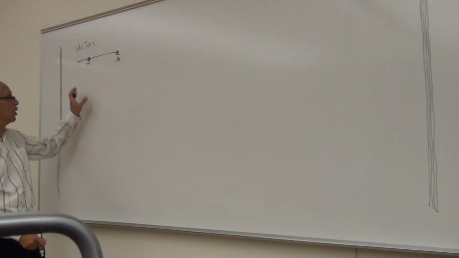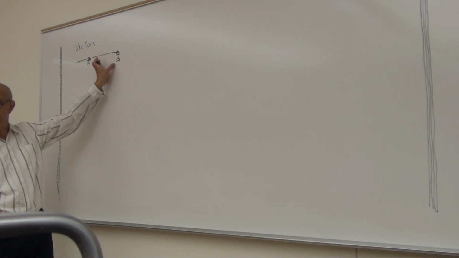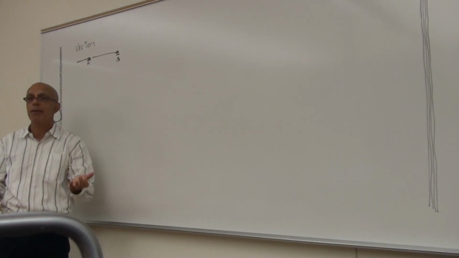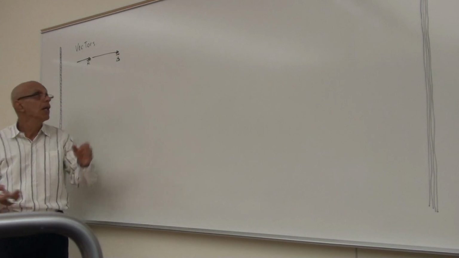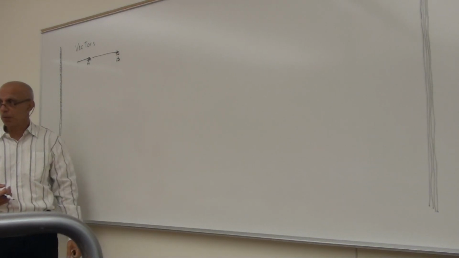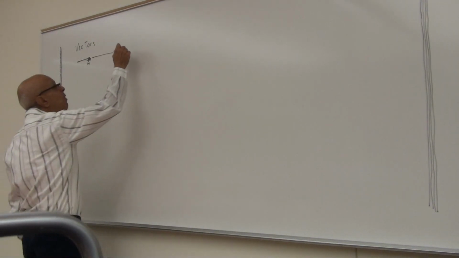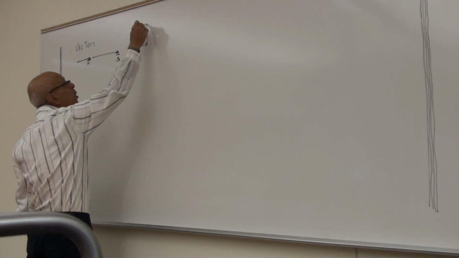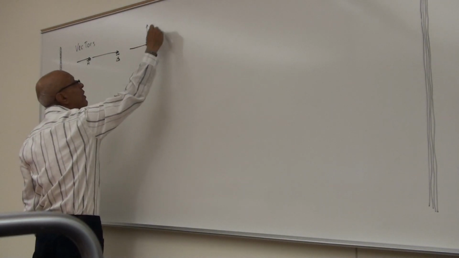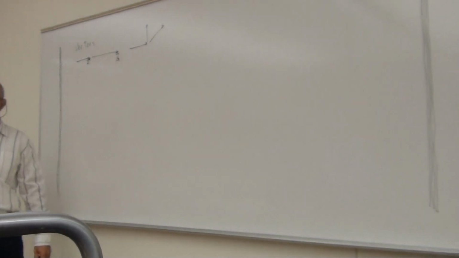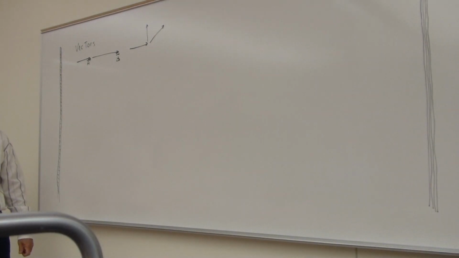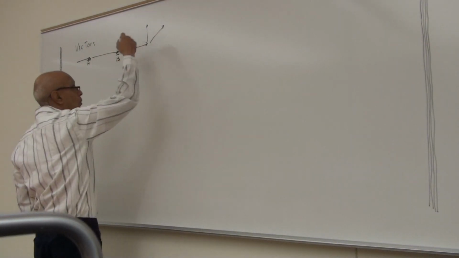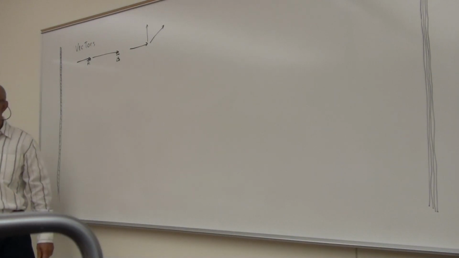If this is 3 and this is 5 in terms of magnitude, I just add 3 plus 5 is 8, and I know the direction is the same. But if the vectors are perpendicular or at an angle like this, then we need to use a different way to add them.